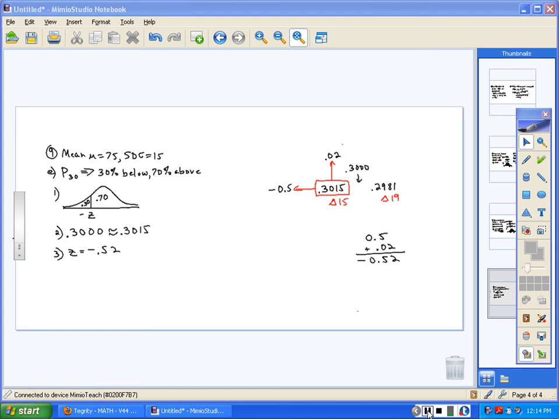Okay, now we have to find x, and there's two different ways to do that. So first, I'll do one way over here. This is the last step, number 4. You can use the formula z equals x minus mu over sigma. And we do know that z is negative 0.52, is equal to, and this time it's x that we want to find, minus 75, and that whole thing is divided by 15.